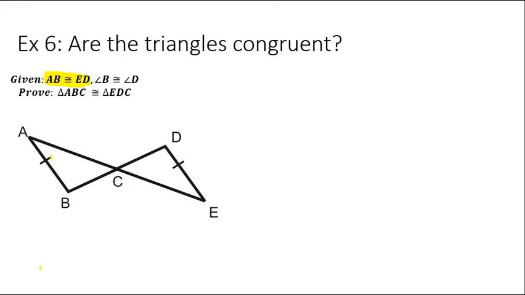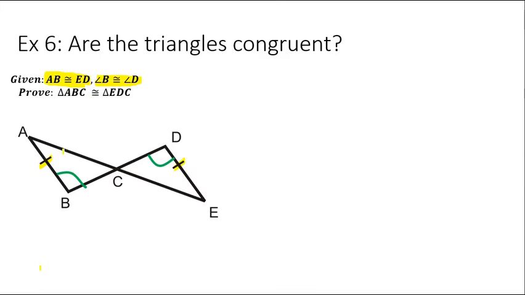So it's already marked for you. They told you that those two sides are congruent. But they also said that angle B is congruent to angle D. So let's mark that on our triangles. So angle B and D are congruent.